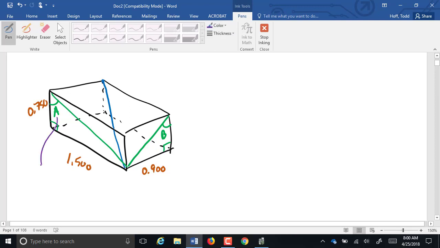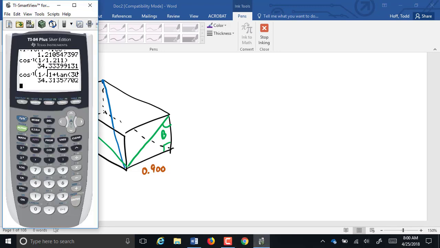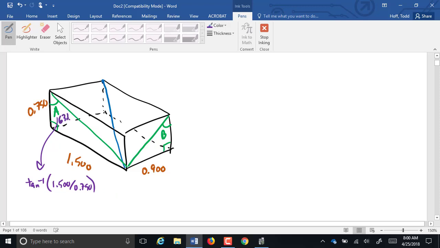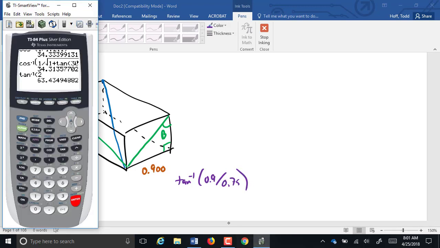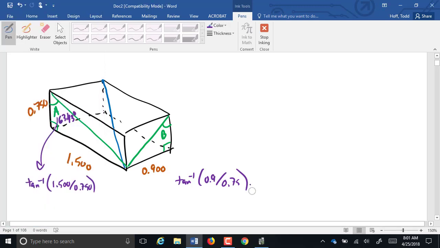But I can now find angle A. Angle A is just the inverse tangent of 1.5 over 0.75. So 63.43 degrees. Angle B here is the inverse tangent of 0.9 over 0.75. 50.19 degrees.